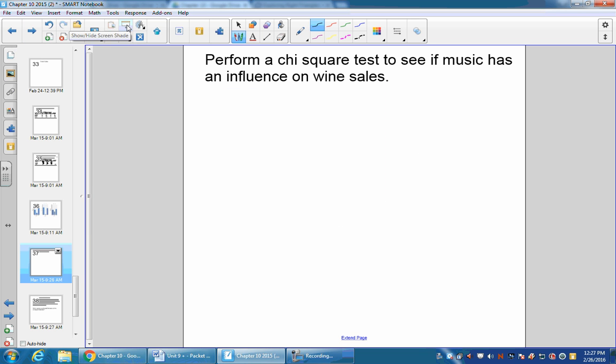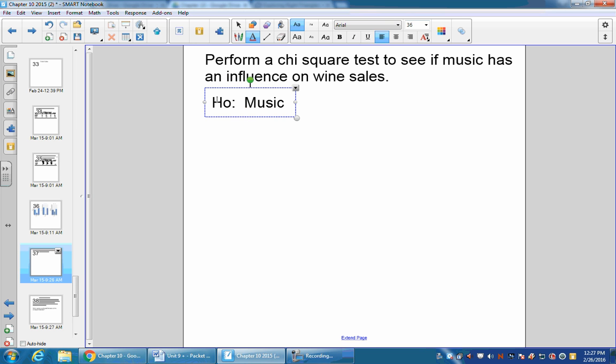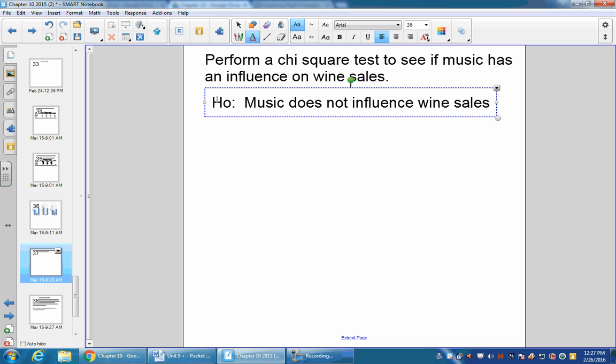Now let's perform a chi-square test for homogeneity to see if music influences wine sales. We start off with our null hypothesis: music does not influence wine sales.